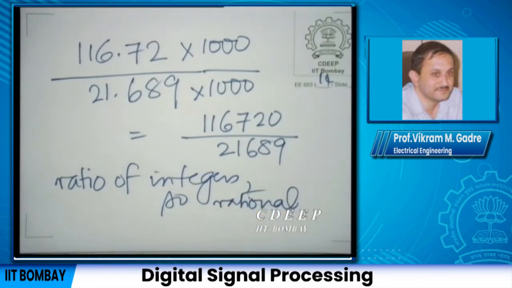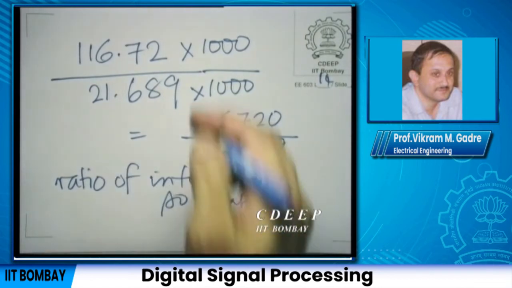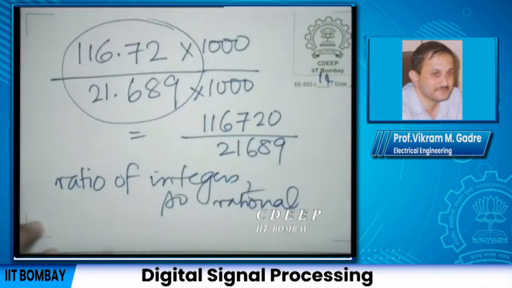Now, let us expand this quantity 116.72 by 21.689 in terms of powers of 10.